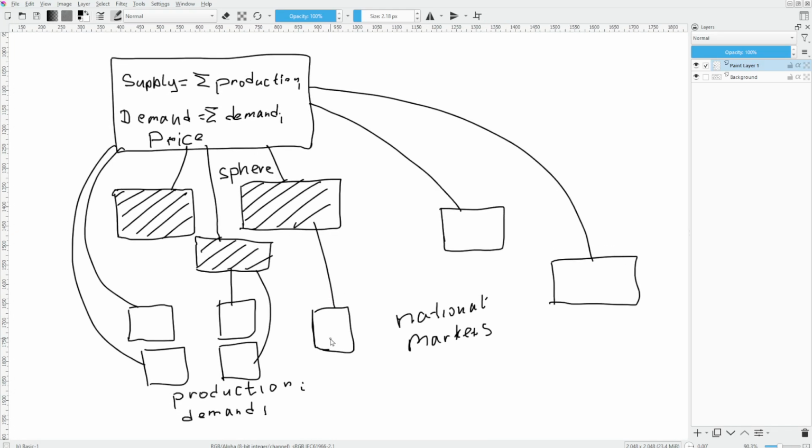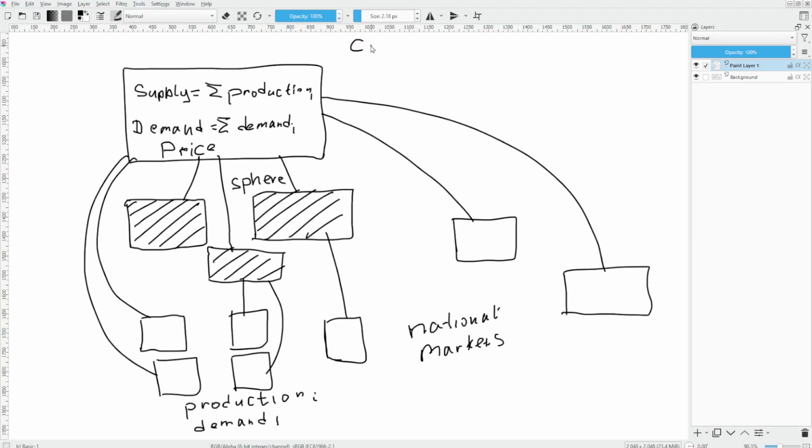And one can already see that if you have a commodity C, then the responsibility of setting price is on the most global level. So it doesn't matter if you have a shortage in an individual lower level market.